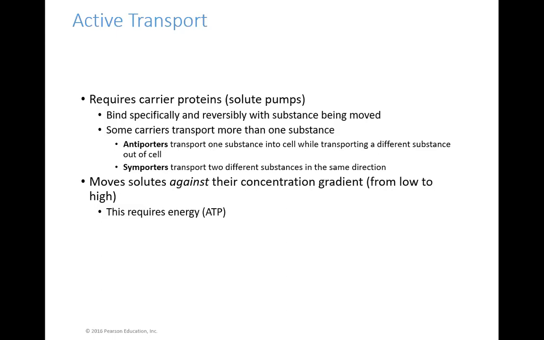It's not going to diffuse because the high concentration is inside. It's busy trying to leak out. You've got low concentrations outside. You want to get them, and so you have to pump them in. Sometimes you have low concentrations of something inside the cell, and you want to get it back out. Well, things don't diffuse from low to high. We have to pump it from low to high. It's like pumping uphill. And this is what we call active transport.